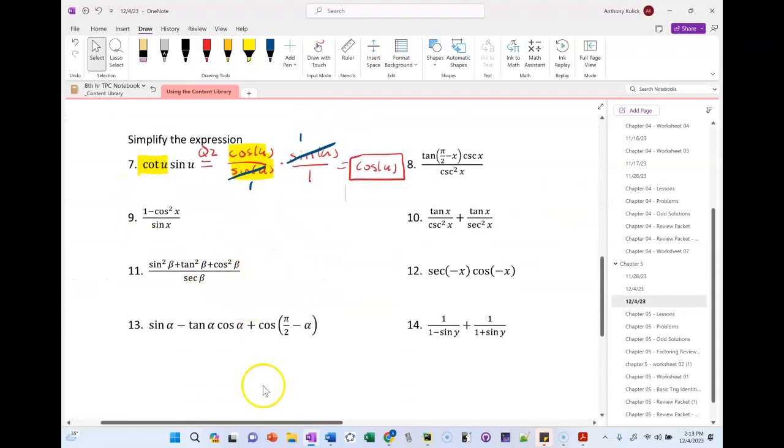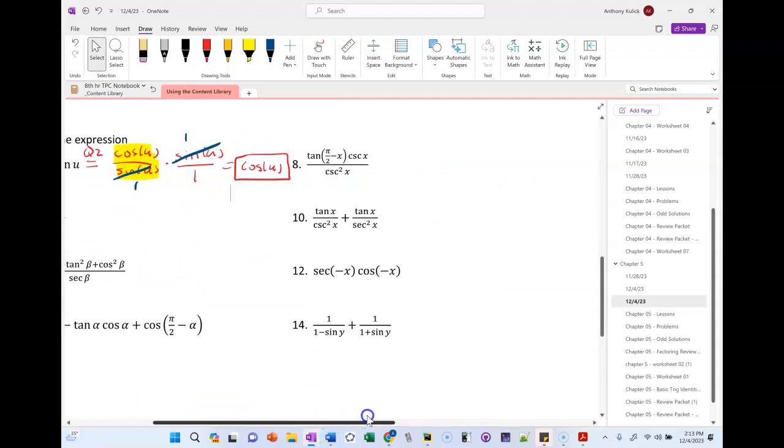Charlie and MJ, looking at number 8. What would you like to do first? Algebra or identity? Okay. What algebraic thing would you do? So that you can do things like factoring and foiling and combining like terms and reducing. You want to reduce the fraction?